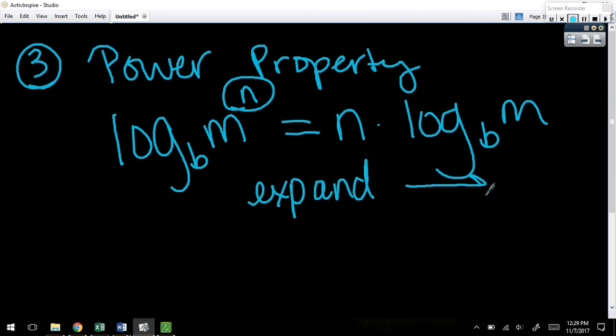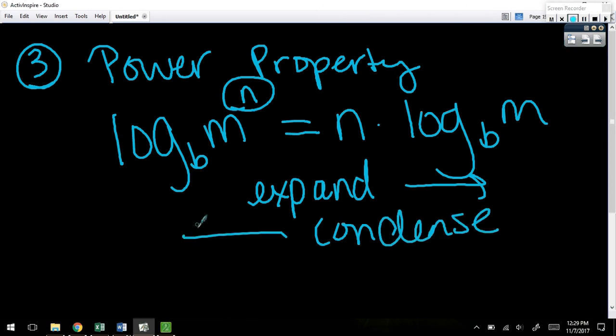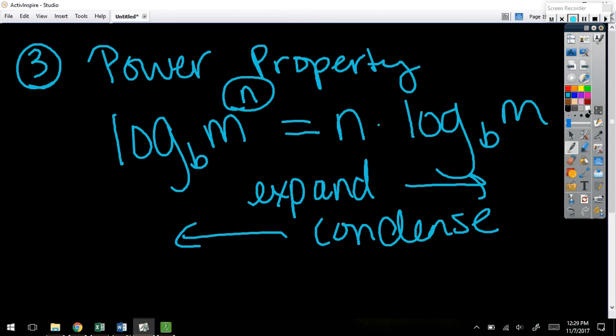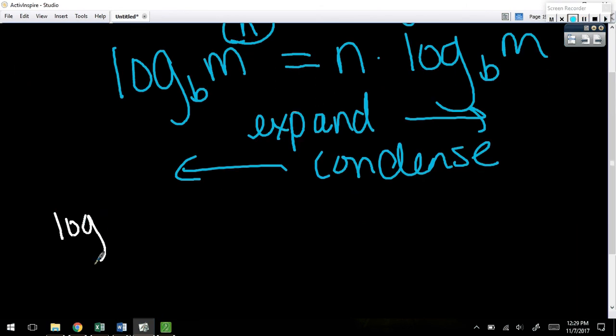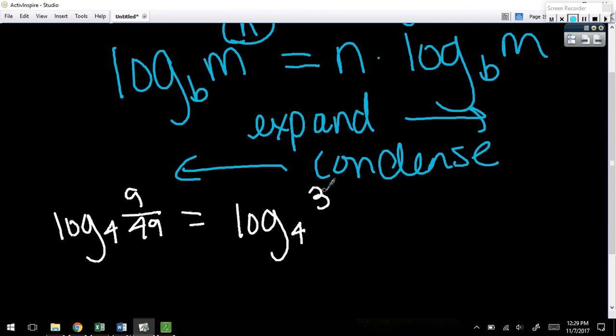Expand. Well, if you think about it, go back and look at that 9 and 49 one that we did. So we had log base 4 of 9 over 49. We could have made this a lot simpler if we'd done log base 4 of 3 squared over 7 squared.